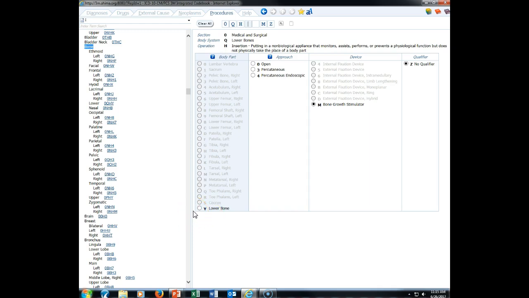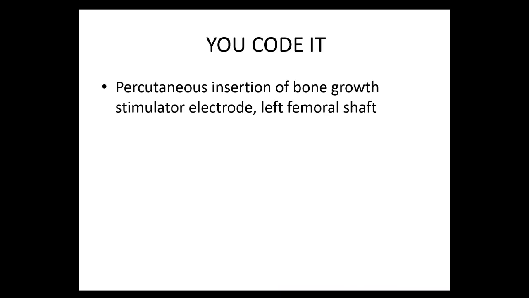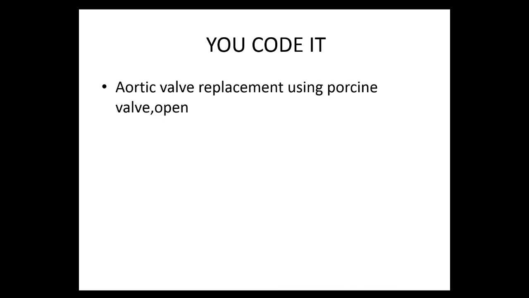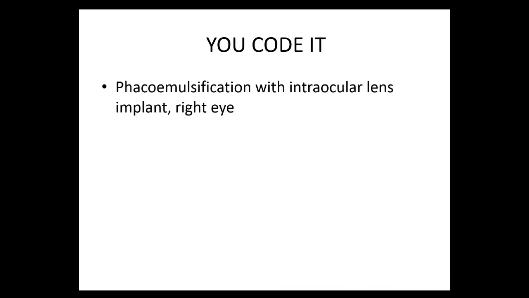Now, the last procedure that I want to demonstrate for you is a cataract procedure. And when a cataract is replaced, it's called a phacoemulsification, and that's when they take out one lens and then they implant the new lens. And this is actually of the right eye.